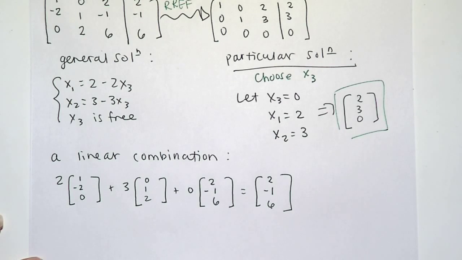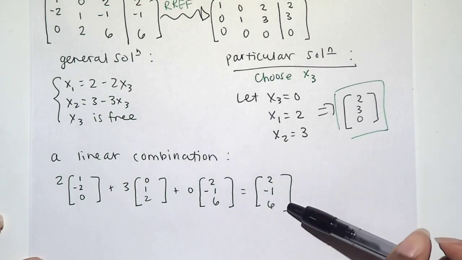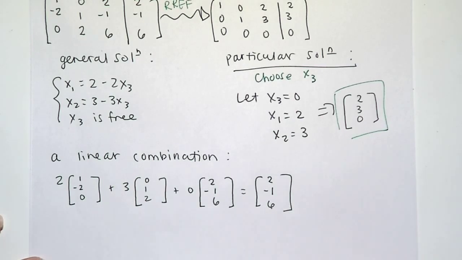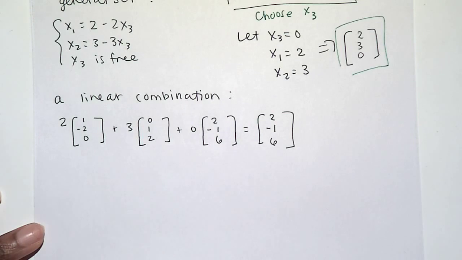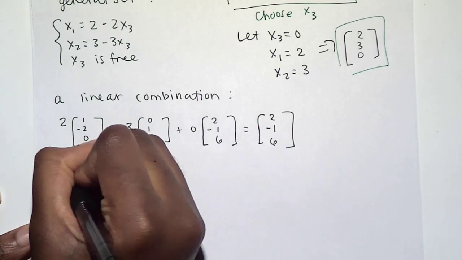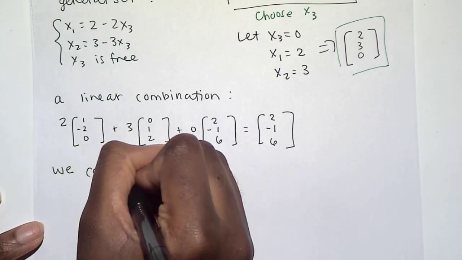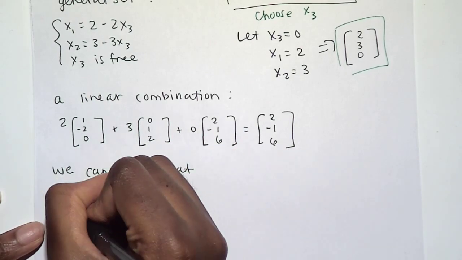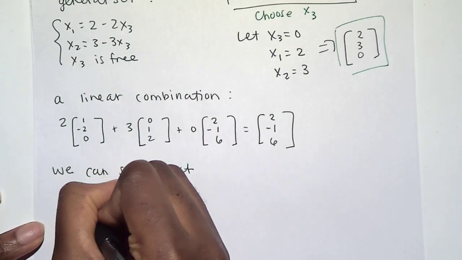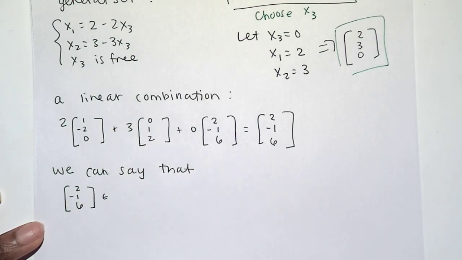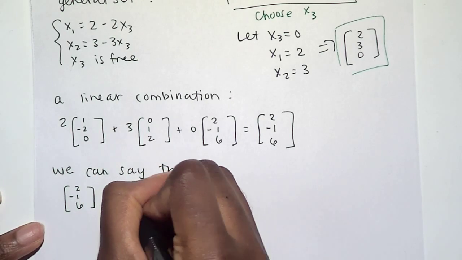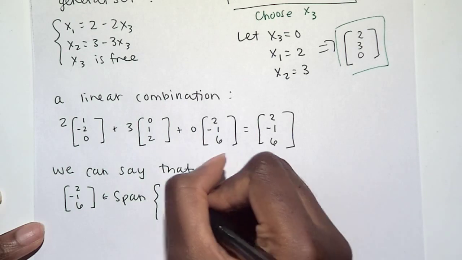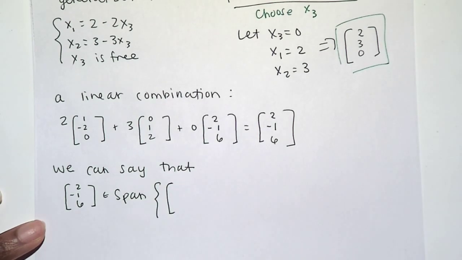All right, so we were able to write it as a linear combination, and because we were able to do that, (2, -1, 6) is in the span of these three vectors. So let's write that down: (2, -1, 6) is an element of the span of these three vectors.